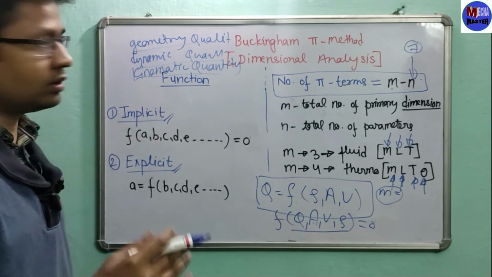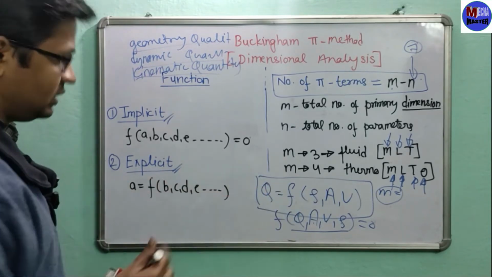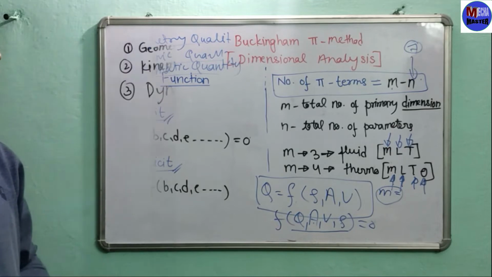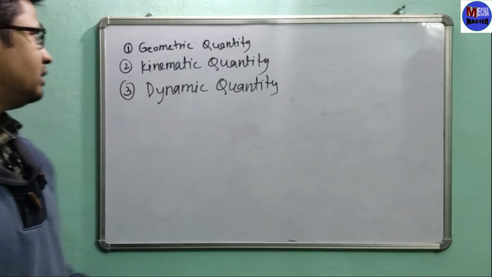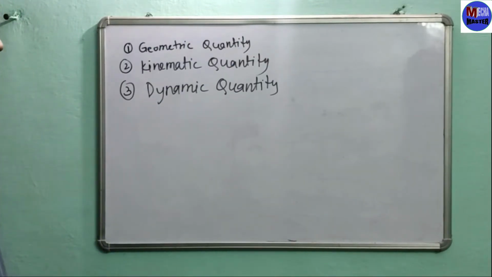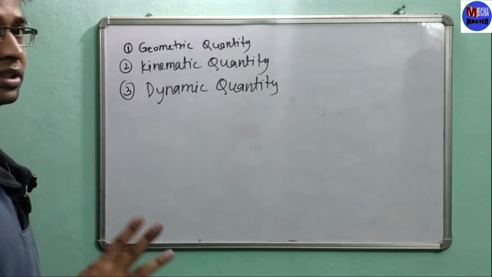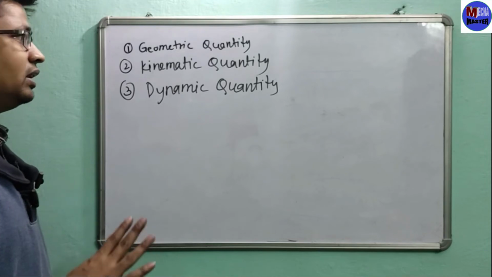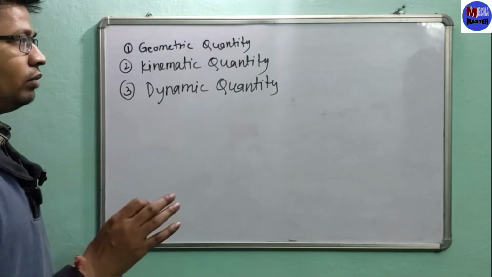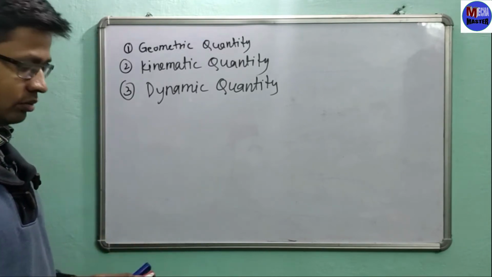Now just let me remove all these things. Now see, there are 3 types of quantity that we need to define. The first one is geometrical quantity, the second one is kinematic quantity, and third one is dynamic quantity. Why only these 3 quantities?